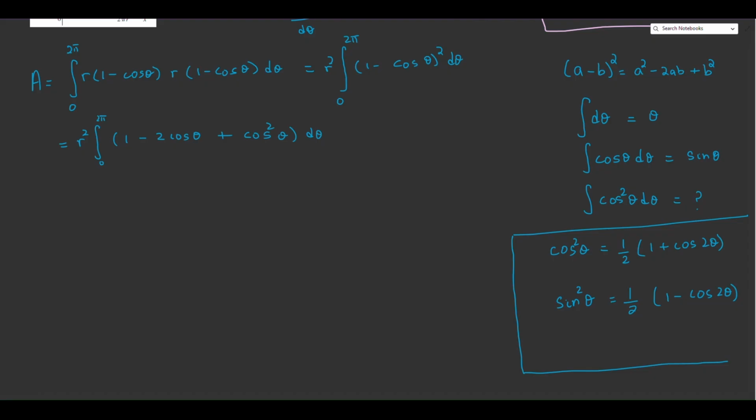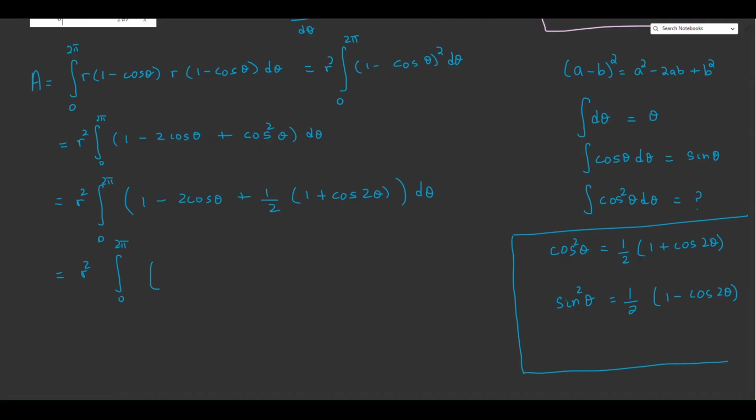So we will use this identity to integrate this thing. First of all, we substitute this thing here. It becomes r squared, 0 to 2 pi, 1 minus 2 cosine of theta plus 1 by 2, in the bracket we get 1 plus cosine of 2 theta d theta. So first we simplify this thing a little bit. We can add the constant terms.